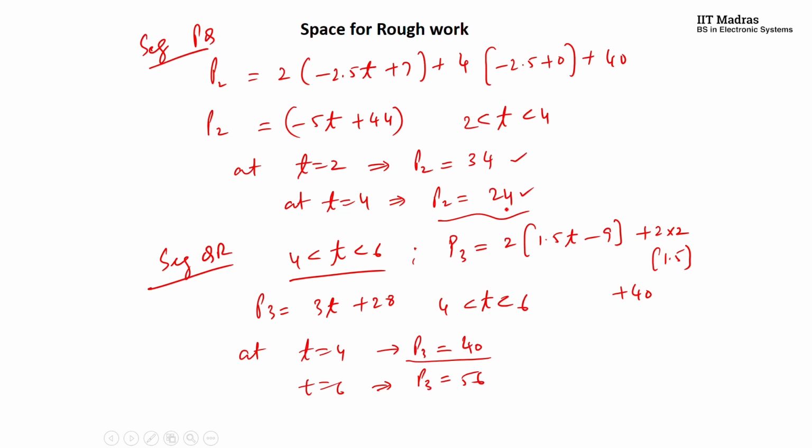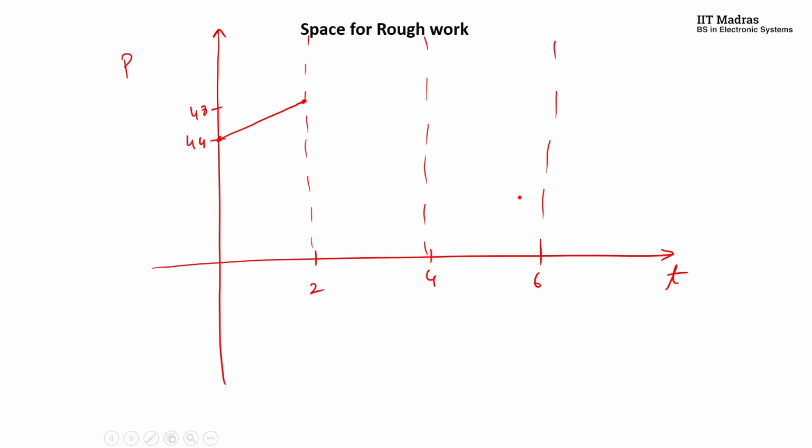So 34 to 24 is what we need to do. You have 34 here, that means in the same segment you came back here, and this is 24. That means there is a jump from here to here. Just draw this properly here, and then you made a jump here, and then from here to here you are trying to draw this line.